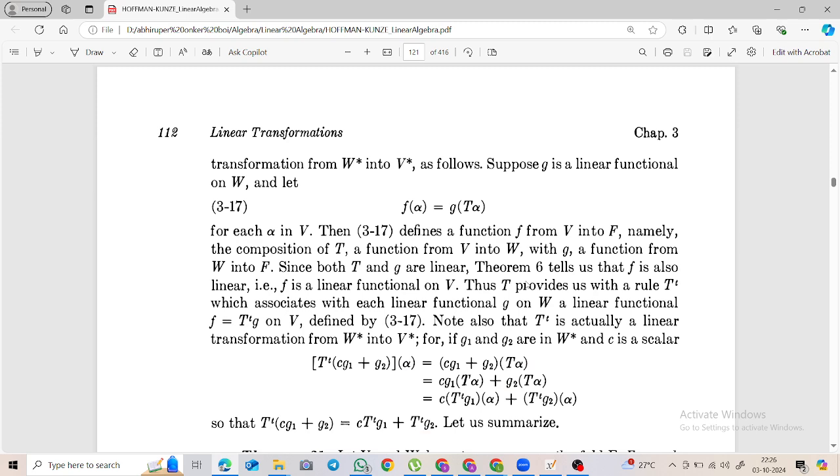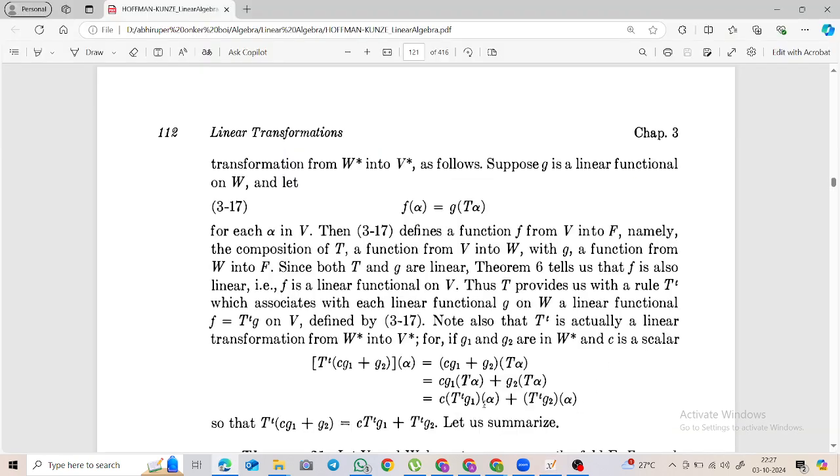The linear transformation is as follows. Suppose g is any linear functional over W. So they have actually proven that this T star is actually linear.